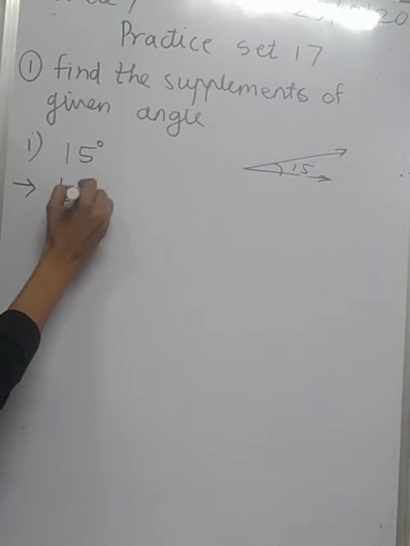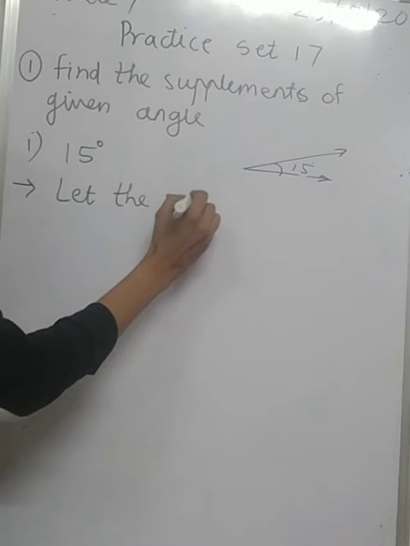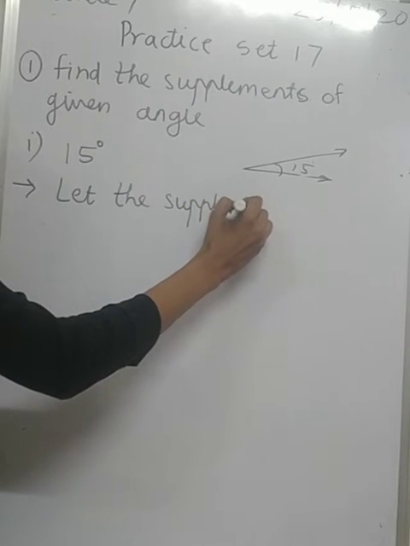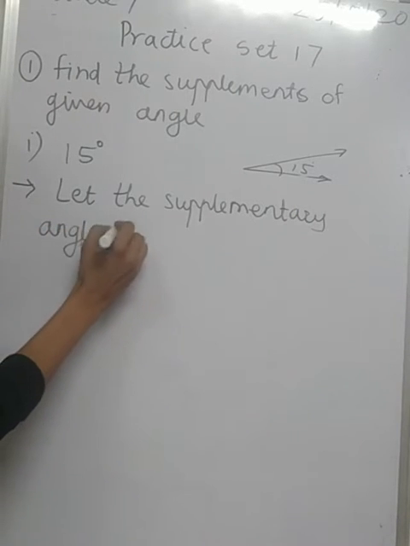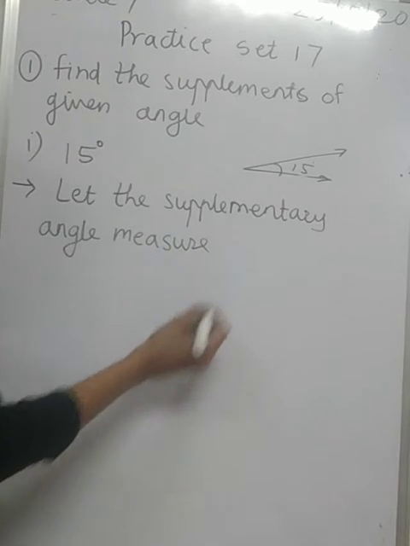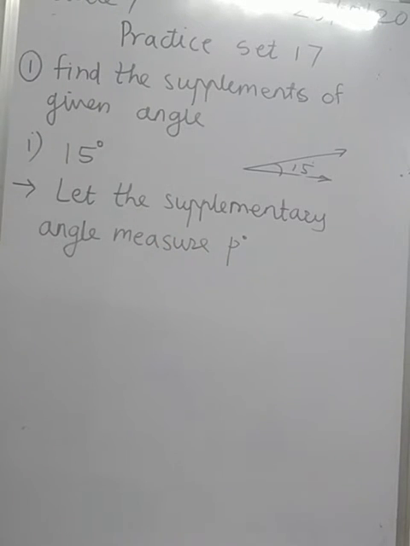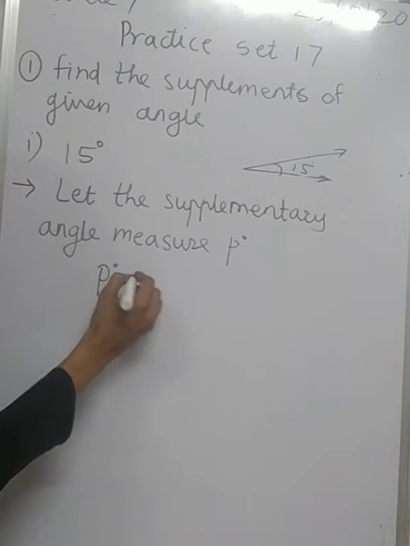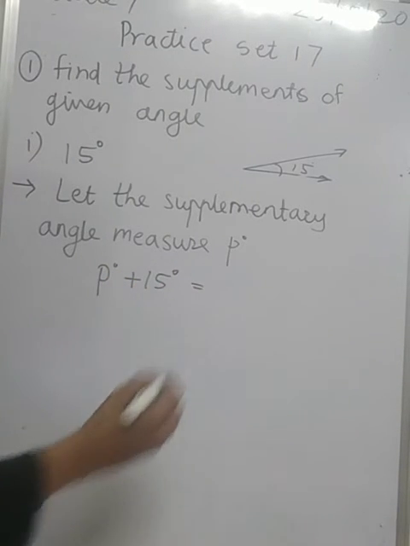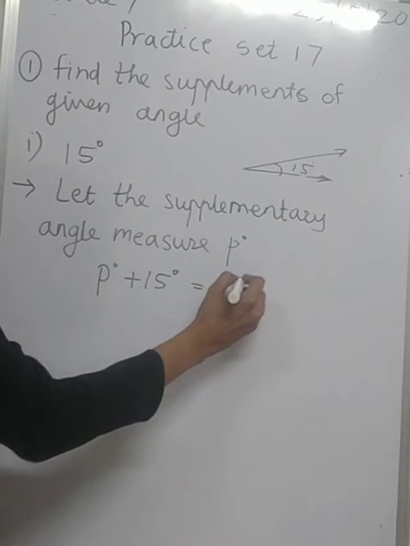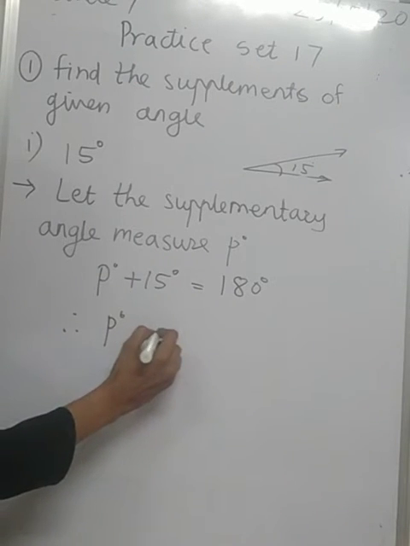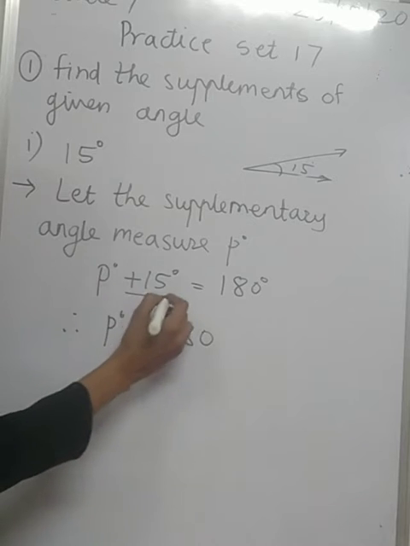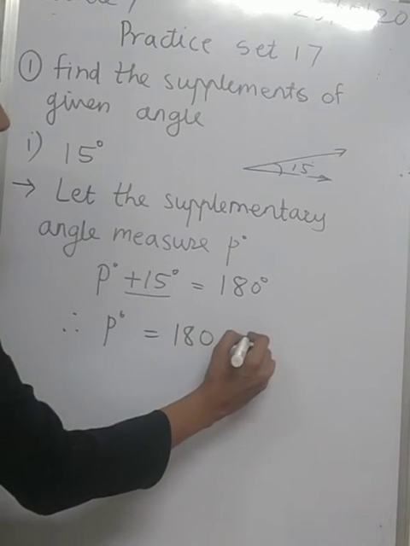So we are going to write down: let the supplementary angle measure P degrees, so that P degrees plus 15 degrees will be equal to 180 degrees, because the sum of the measures of two supplementary angles should be equal to 180 degrees. Therefore P degrees will be equal to 180 minus 15 degrees. The 15 goes to that side and becomes minus 15.